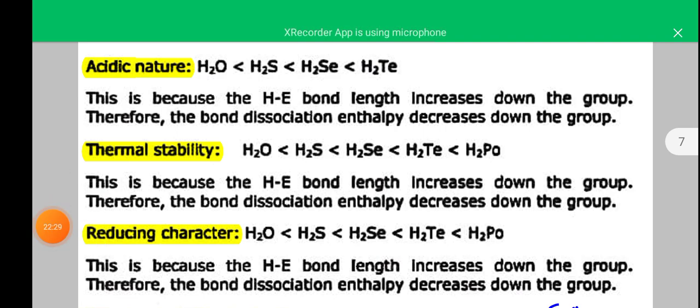Reducing character increases down the group, so the reducing character order is H2O < H2S < H2Se < H2Te < H2Po.